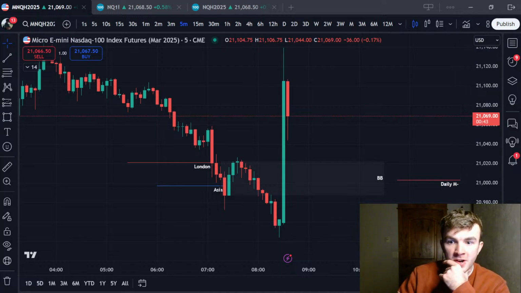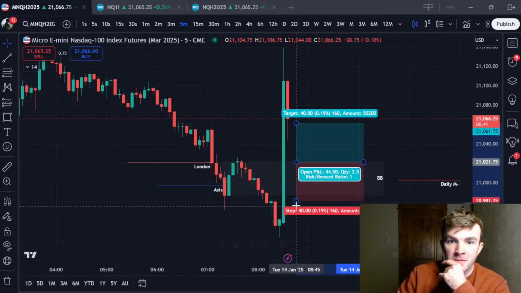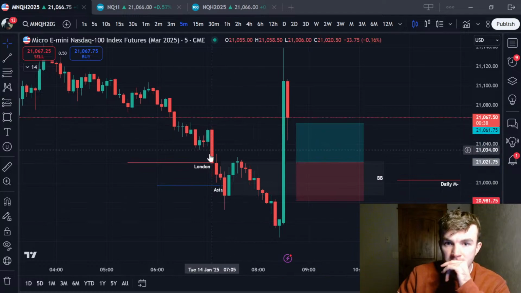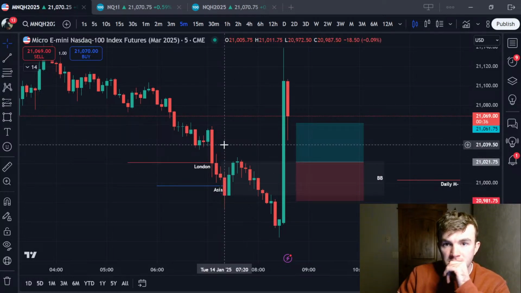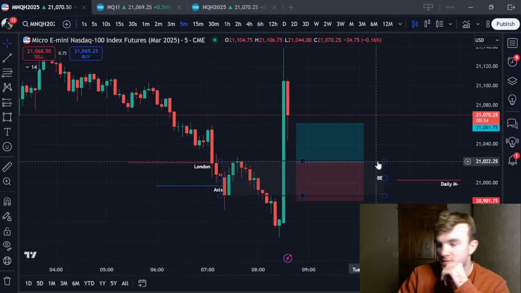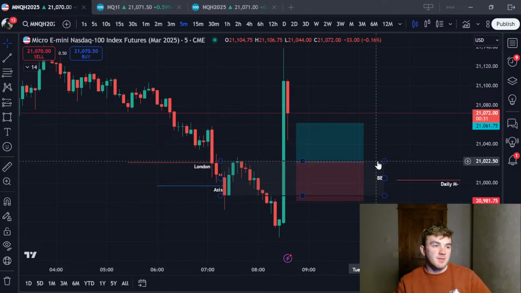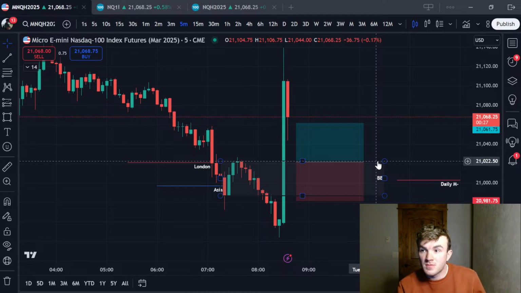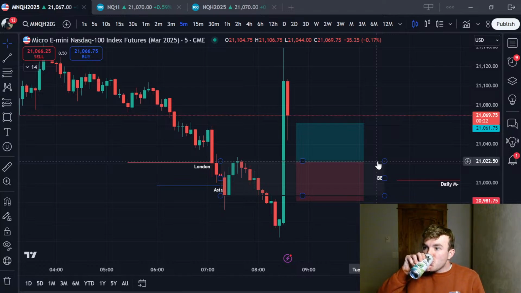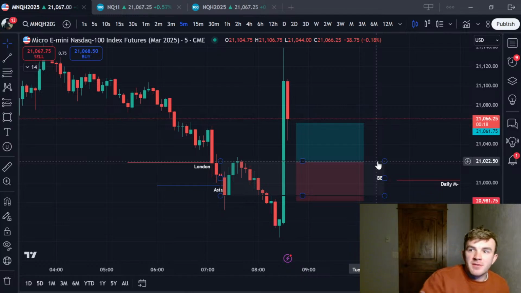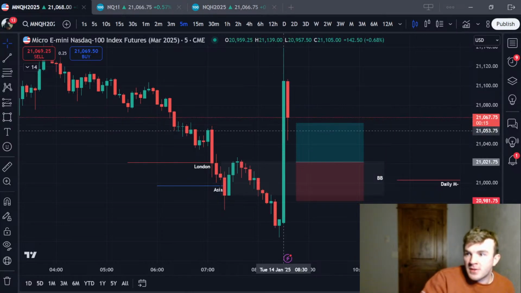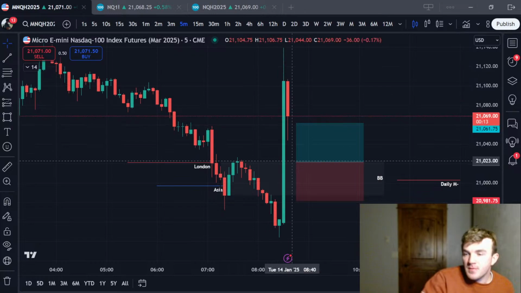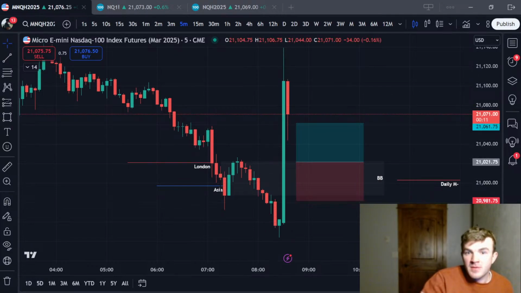You could just target 1-to-1 off of the breaker. That's a possibility. I think I'll wait for a low time frame CISD off of it, or a low time frame inversion off of it.